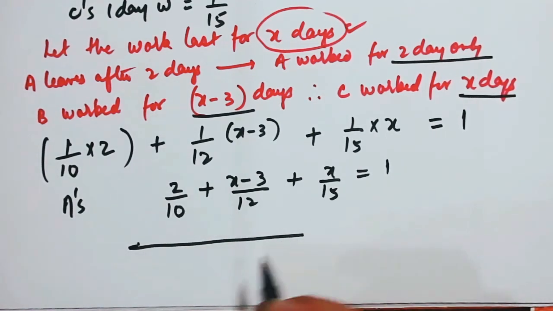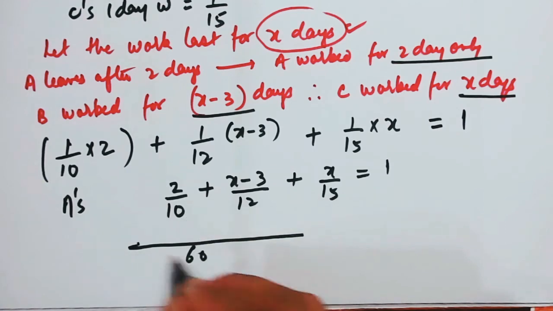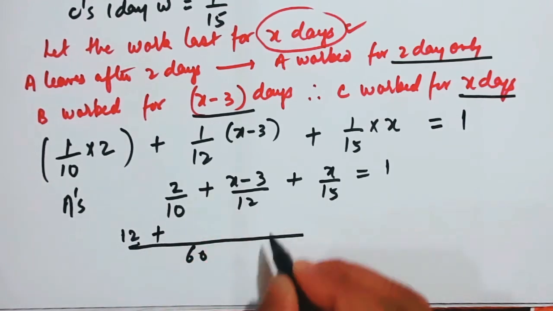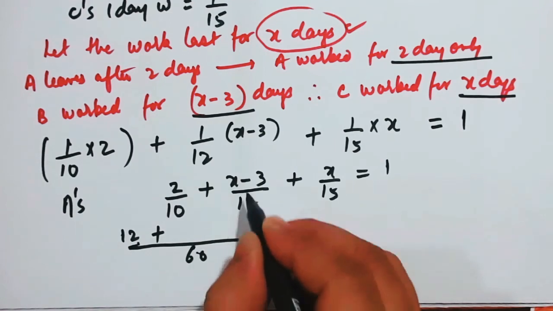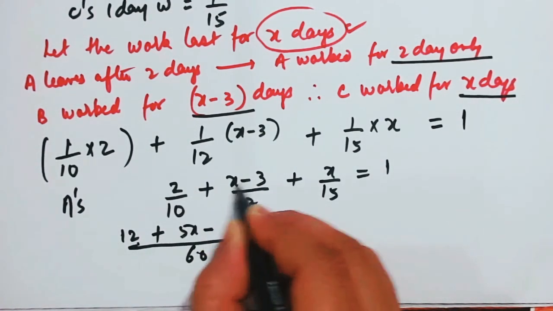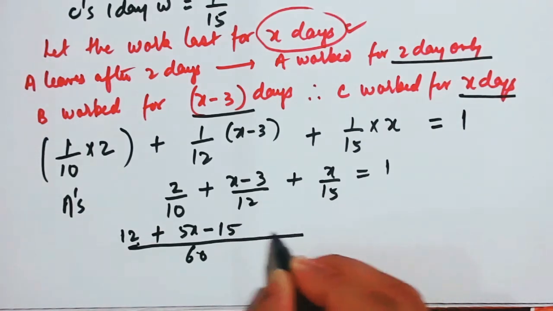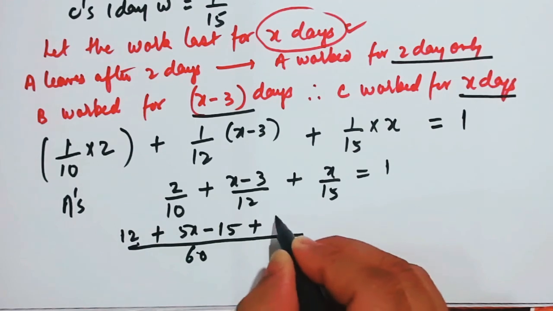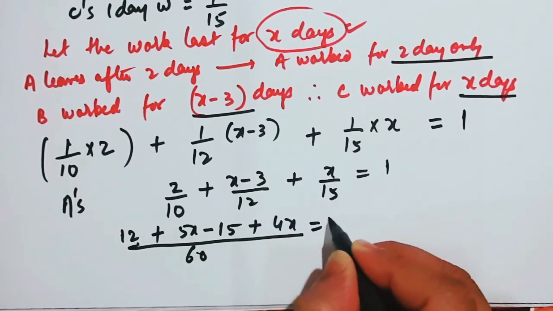LCM of 10, 12 and 15 is equal to 60. 10 how many times? 6 times. So 6 2s are 12, plus 12 how many times? 5 times. So 5 multiplied by x minus 3 means 5x minus 5 3s are 15, plus 15 4 times, plus 4x is equal to 1.